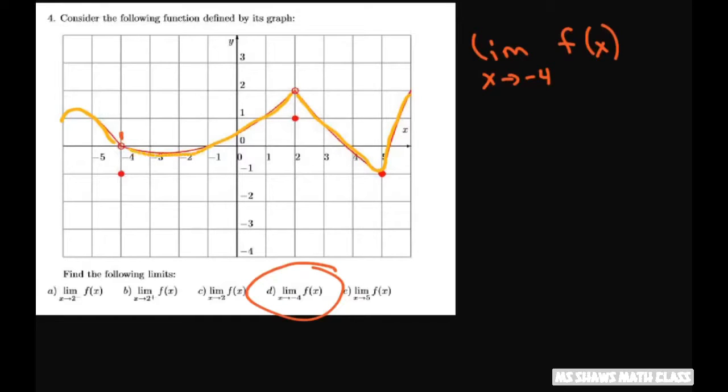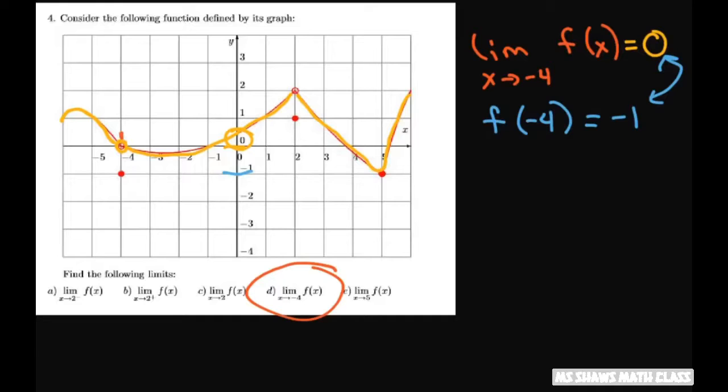And both places meet up at the same place, which is at 0. Again, though, if I said, what is f of -4? You would say that is -1. You see how those two don't match. Okay. If you see something like that later on, that's going to mean it's not continuous.